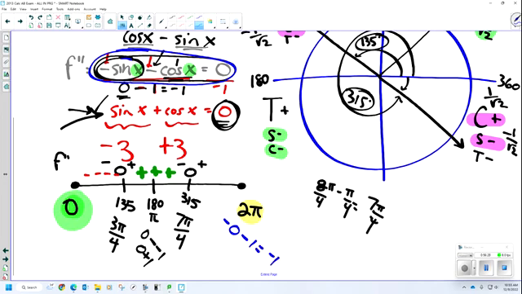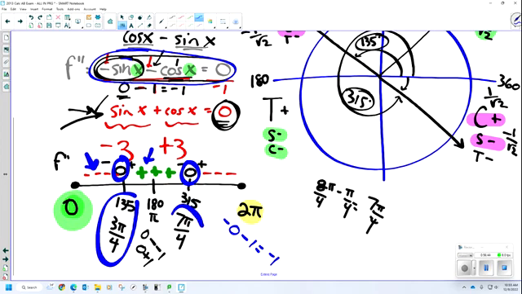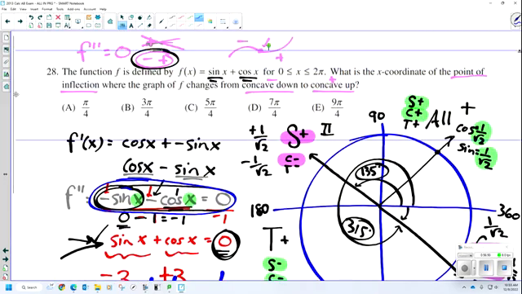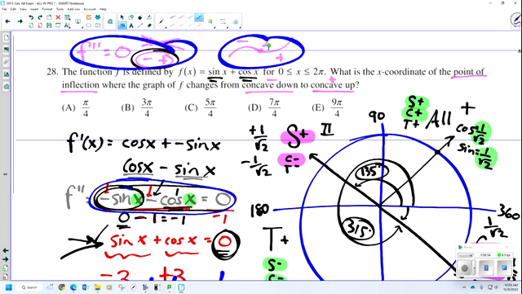So which one of these zeros do I go from negative to positive? At 135, I go from negative to positive. At this number, I go from positive to negative. Remember, I want to go from negative to positive. That's 3 pi over 4, which is 135 degrees.